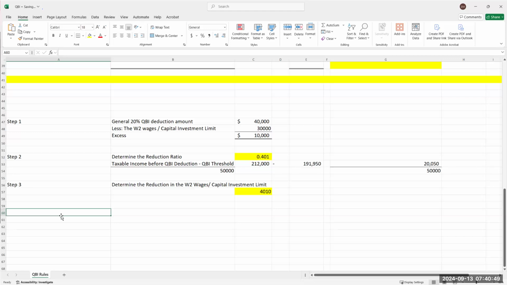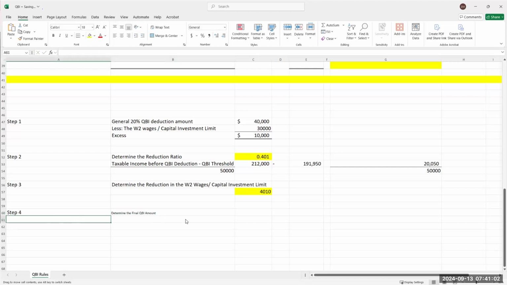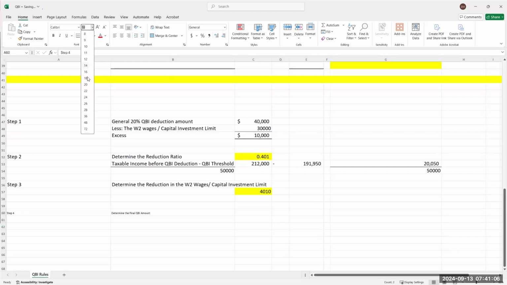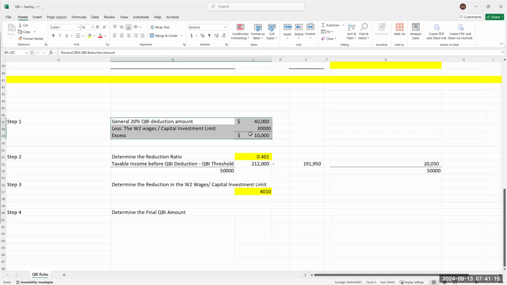So now for step 4, we determine the final QBI amount. In order for us to determine the QBI amount, we consider the general QBI deduction. I'm just going to copy these over and make the changes.